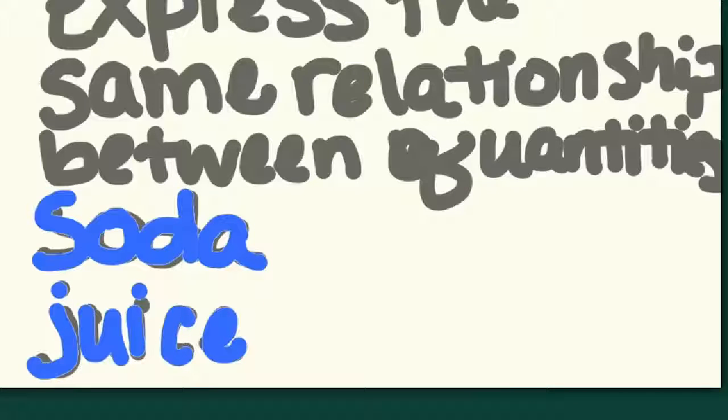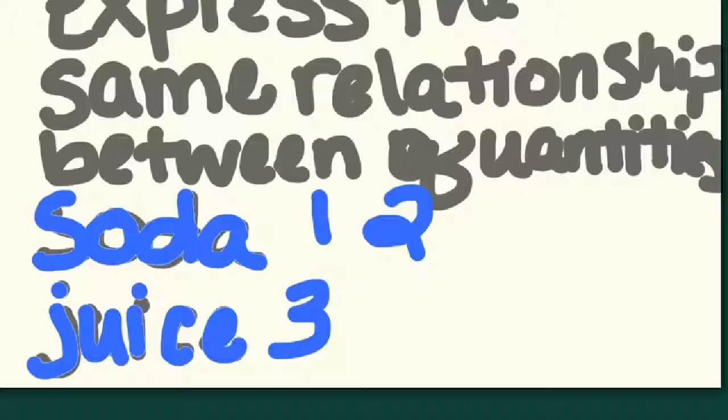Let's say I started out with 1 can of soda and 3 cups of juice. Equivalent ratio would mean that I'm going to multiply the same thing to my soda as I am to my juice. So if I had 2 cans of soda, how many cups of juice would I have? Now if you said I had 6 cups of juice, you are correct.